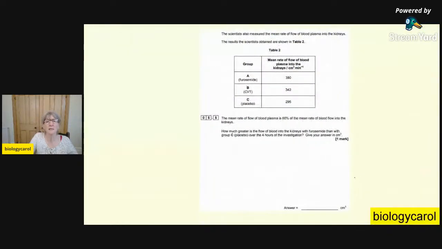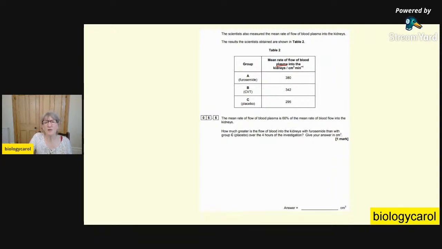Frankly, happy with that. Bit of maths. Scientists measured the mean rate of flow of blood plasma. Notice it's blood plasma into the kidneys. I've got no idea what they're talking about. Okay. It's how much blood plasma goes into the kidneys.